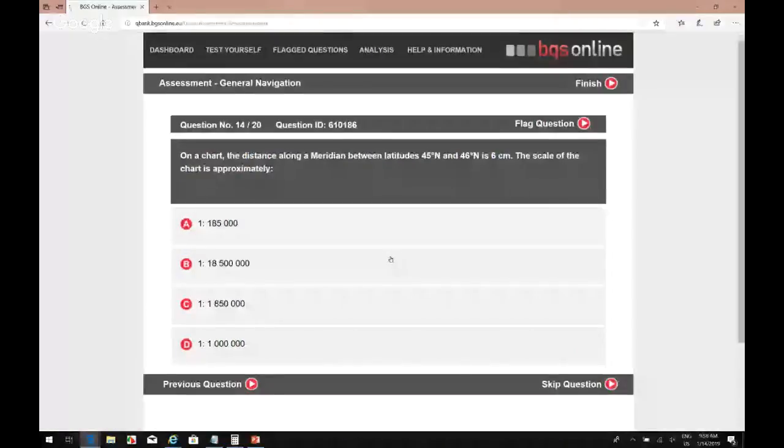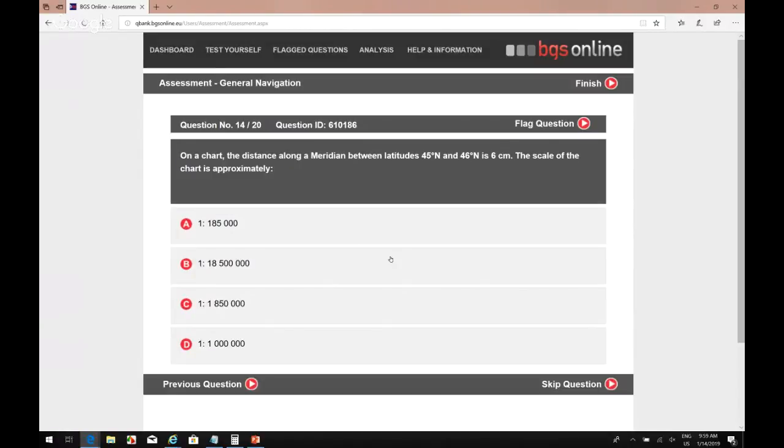On a chart, the distance along a meridian between latitudes 45 north and 46 north is 6 centimeters. Okay, 45 and 46, that's 1 degree of latitude. The scale of the chart is approximately... So 1 degree is 60 nautical miles.